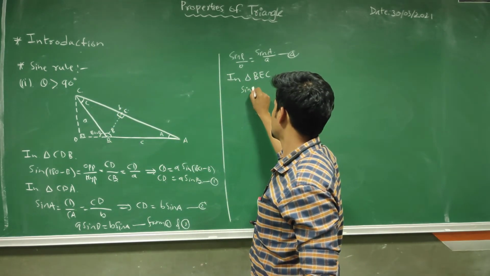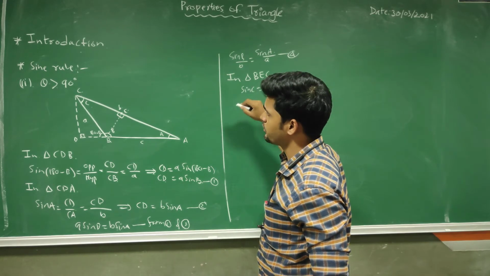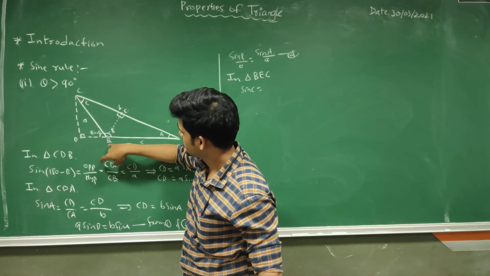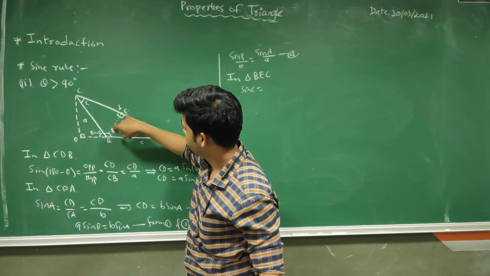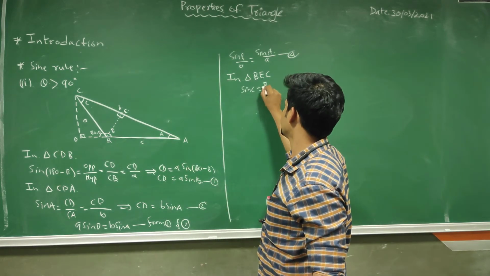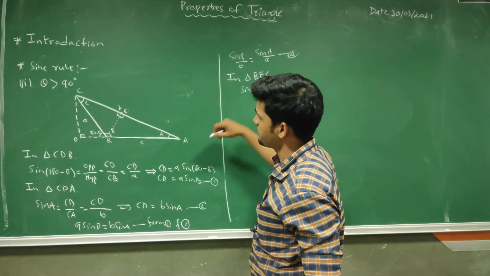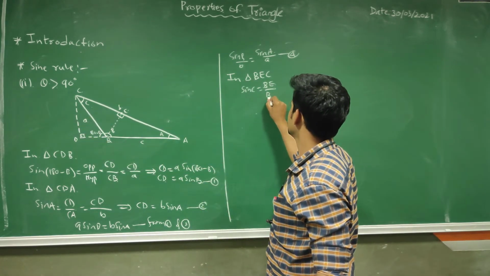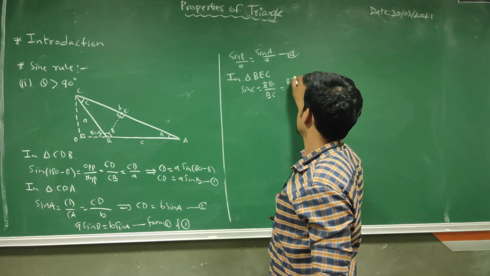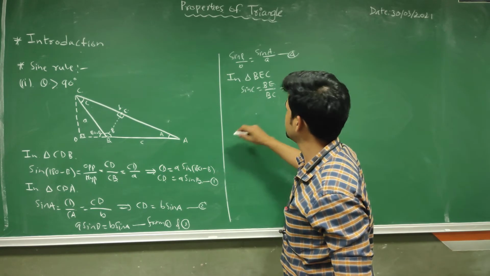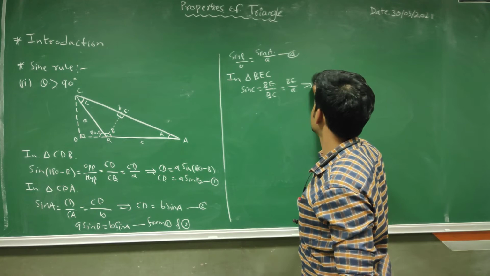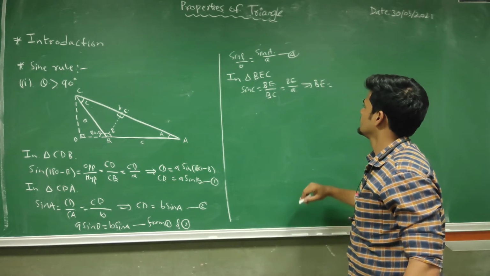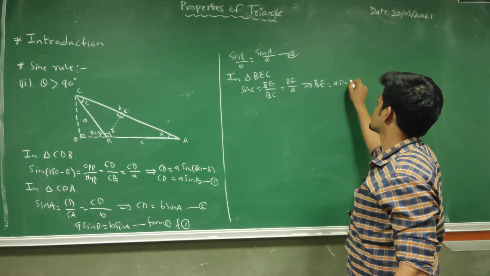So sin C will be opposite by hypotenuse, and just see here, opposite side is BE and hypotenuse is BC. Then I know BC is nothing but A. So I can write BE is A sin C.